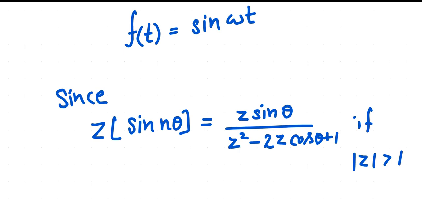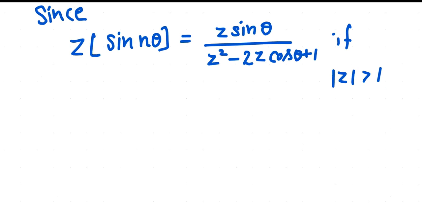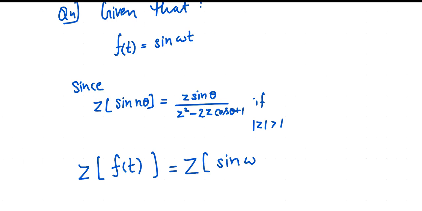So now let us try. So here f of t is equal to sine omega t.